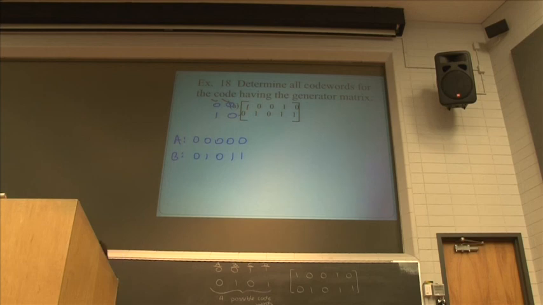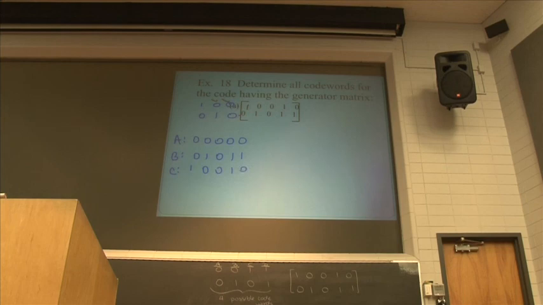So write them to the side. Okay. Well, there's a 0 in the bottom row of our message, so we only look at the top row. You only take the rows that have a 1 that corresponds to it in the original message. So the top row is 1, 0, 0, 1, 0.